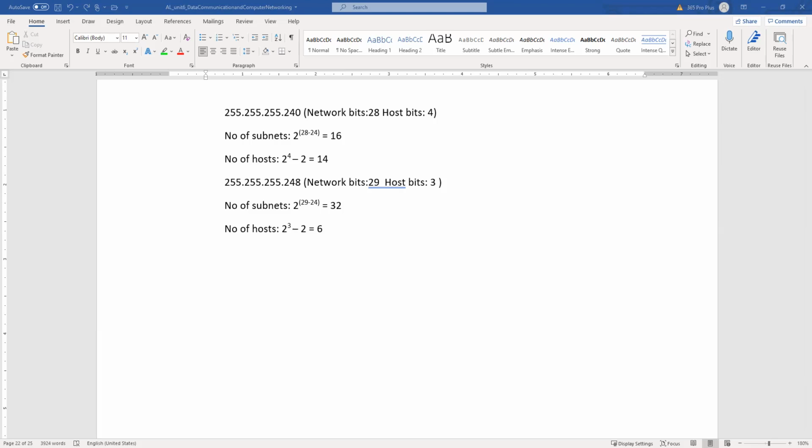Now we look at subnetting, and before we continue, I would like to discuss this special case. This is called classless inter-domain routing, or in short, CIDR.